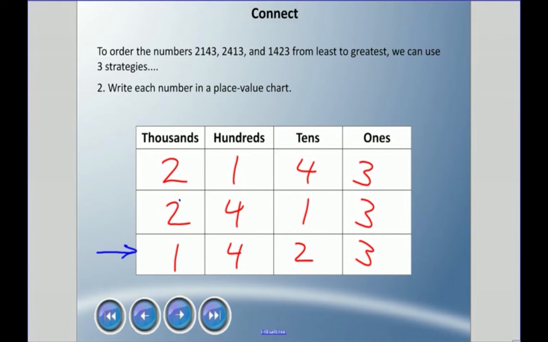We notice that these two are tied, so we look to the next column, the hundreds column. Oh, this 4 here is larger than the 1, so that means again that this is the least. So I'm putting 1 because we're going to put that first in the list, then this one, and then this one. So again, 1,423 is the least, 2,143 is second, and 2,413 is the greatest.